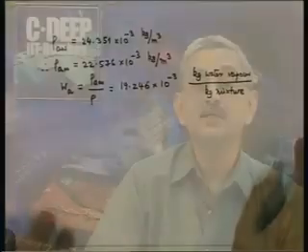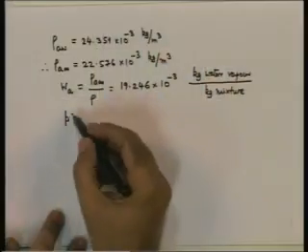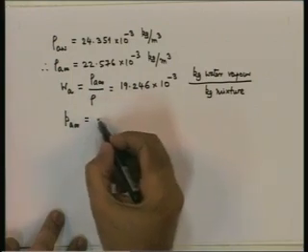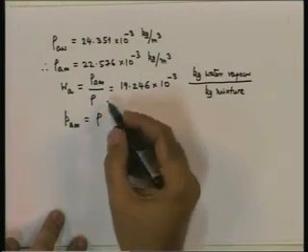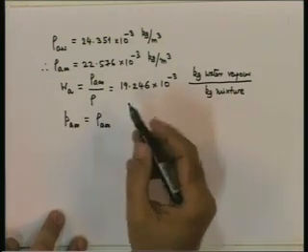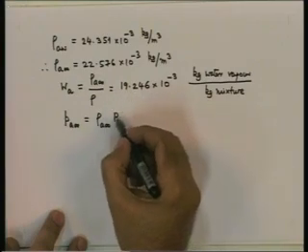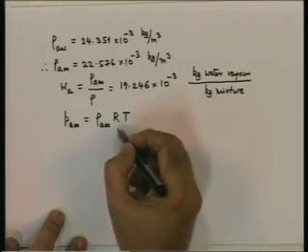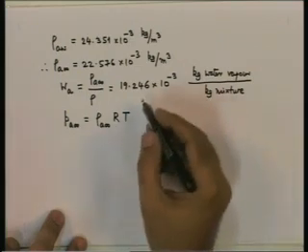Now to determine the relative humidity, we have to determine the partial pressure of water vapor in the free stream. The partial pressure of water vapor in the free stream, P A infinity, is given by rho A infinity, which we have already determined, multiplied by R multiplied by T, where R is the gas constant for water vapor.